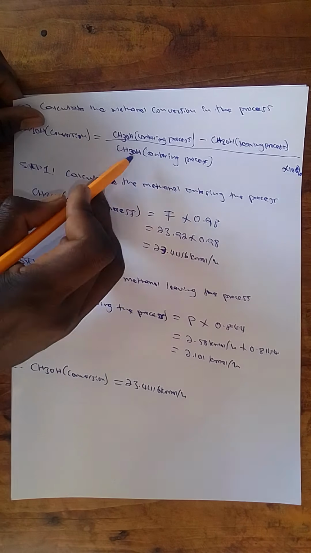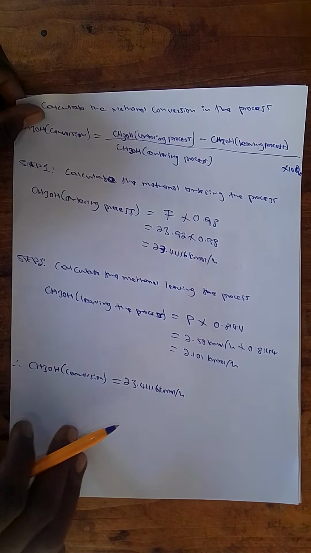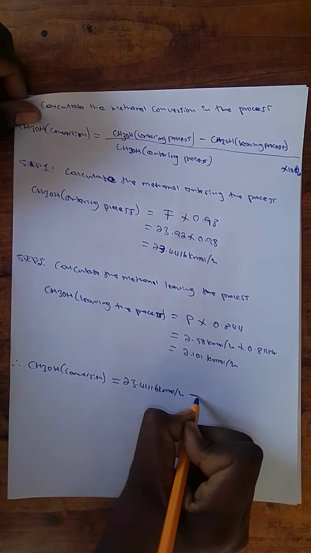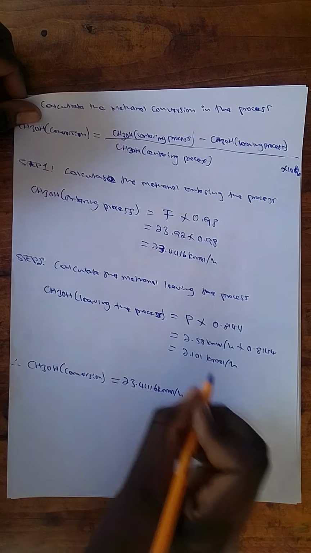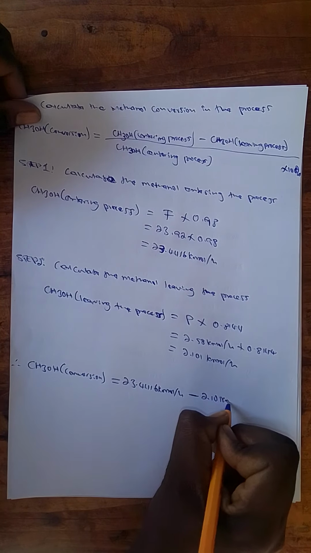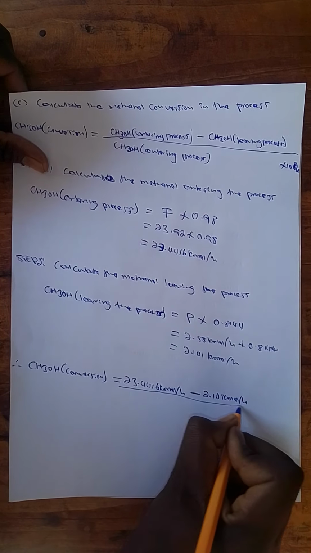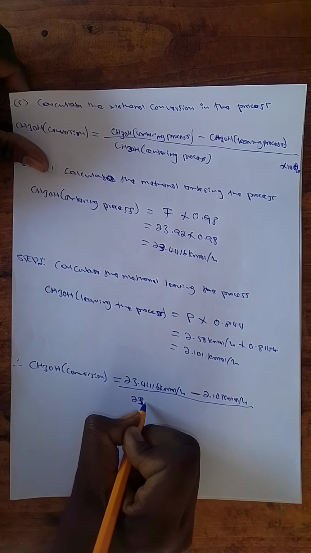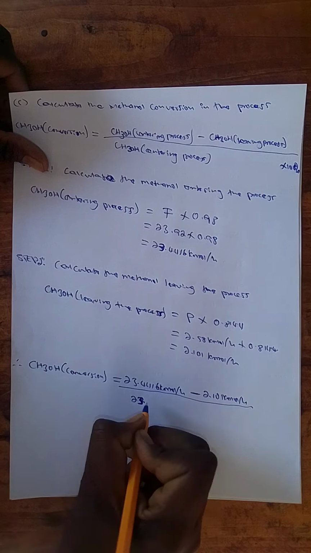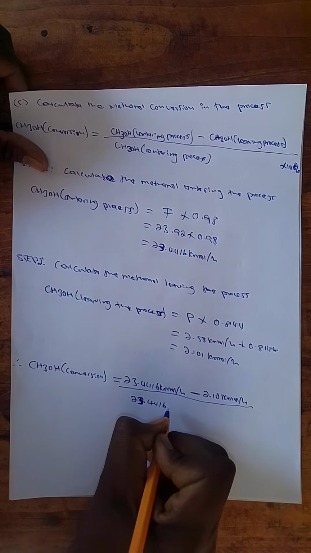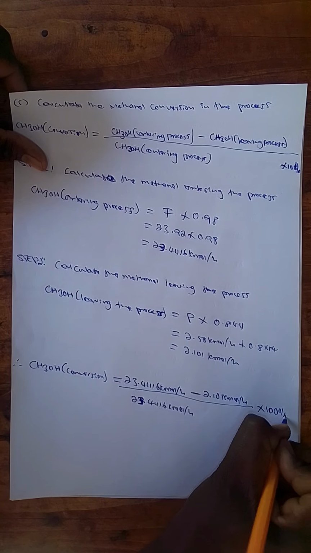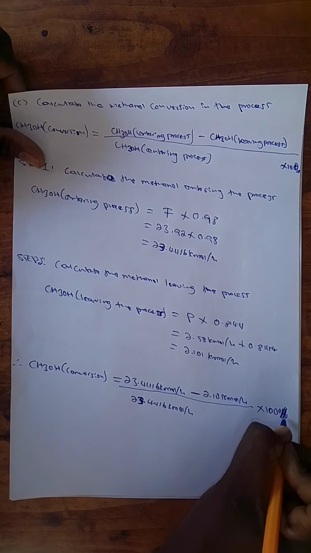so the CH3OH entering the system is 23.44 kilomole per hour, minus CH3OH leaving the process, which we calculated here to be 2.101 kilomole per hour, all over CH3OH entering the process, 23.4416 kilomole per hour, and if you multiply all that by 100%, I hope it's visible that it's actually 100%.